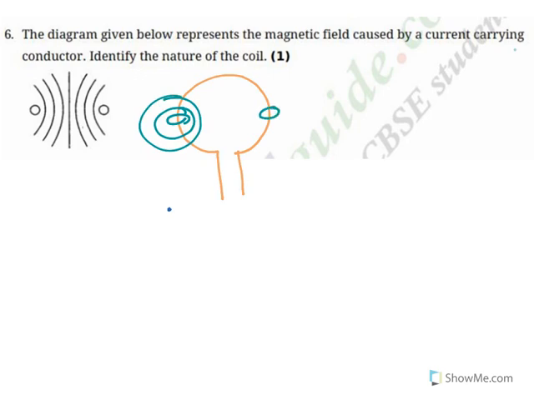The diagram below represents magnetic field caused by a current carrying conductor. Identify the nature of the coil. By now you would have guessed the coil must be a circular loop like this, because here you will have one set of field lines, and then there will be another set, and that's exactly what they have drawn here.